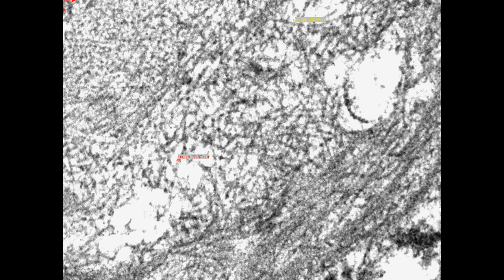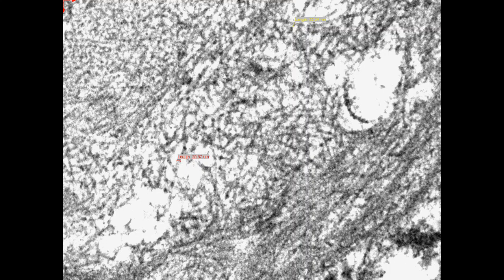And if we measure these fibrils, although we are measuring tissue reprocessed from paraffin, and so the measurements are not very reliable, we have a diameter of this fibril around 20-22 nanometers.